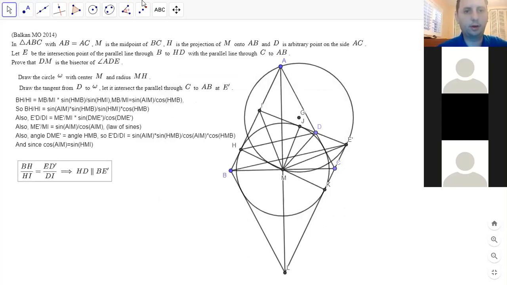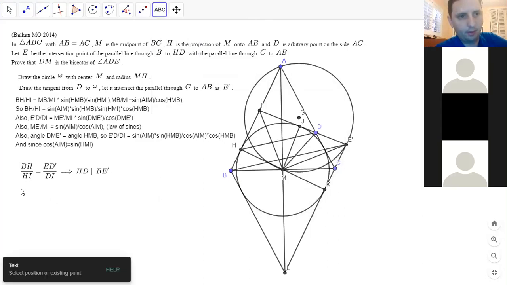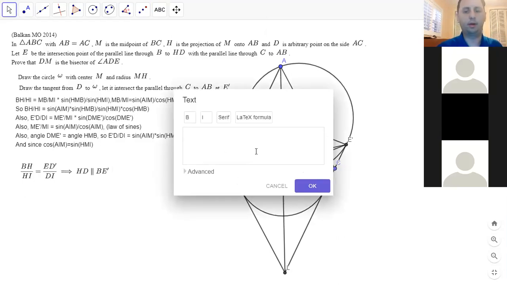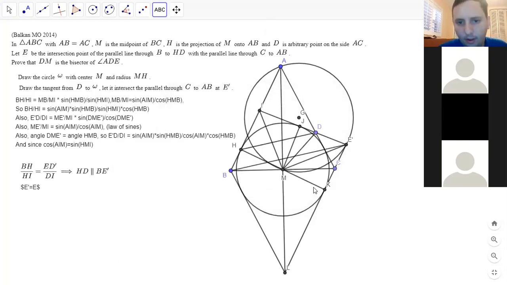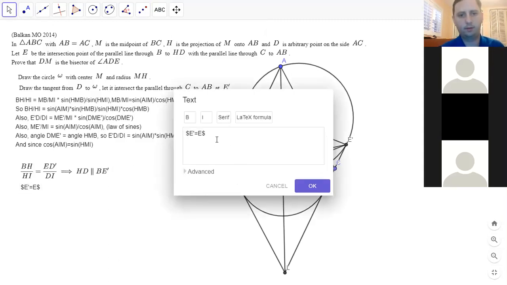And so then E prime equals E. And so DM, E, and that means that M is the X center of EDC, and that implies DM bisects angle AD.